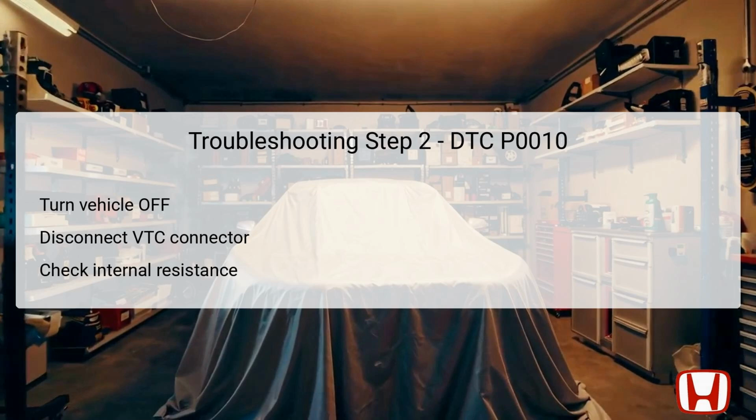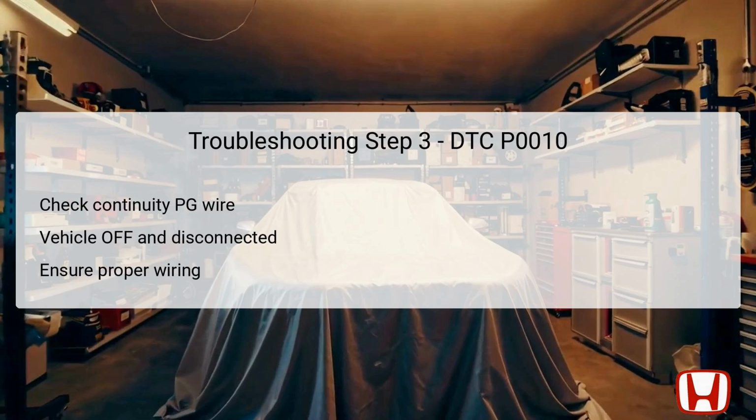This measurement is critical as it evaluates the solenoid's internal functionality. If the resistance falls within this range, it confirms that the solenoid is operational, allowing you to proceed to the next troubleshooting step. Otherwise, you will need to replace the VTC oil control solenoid valve.